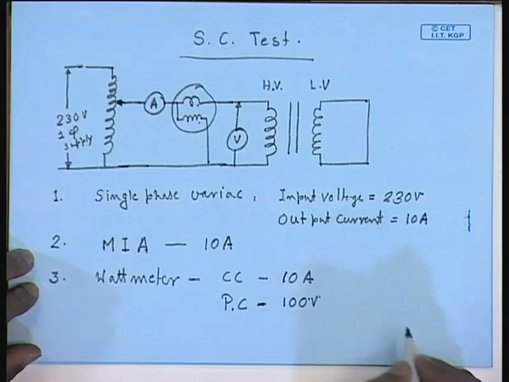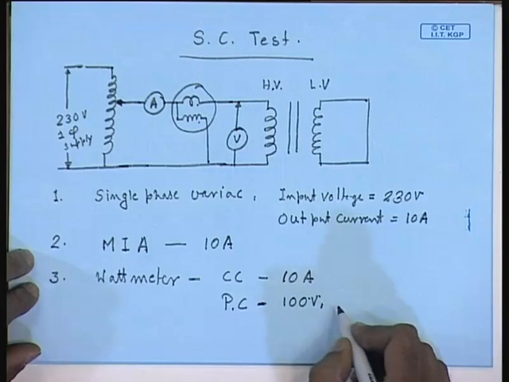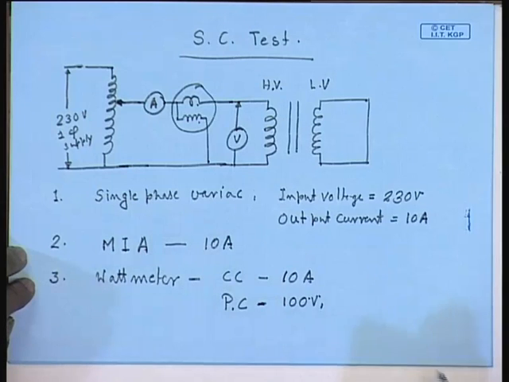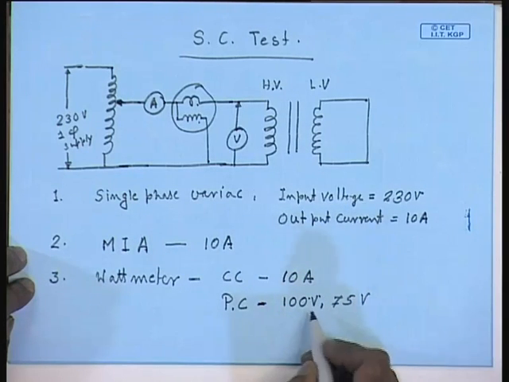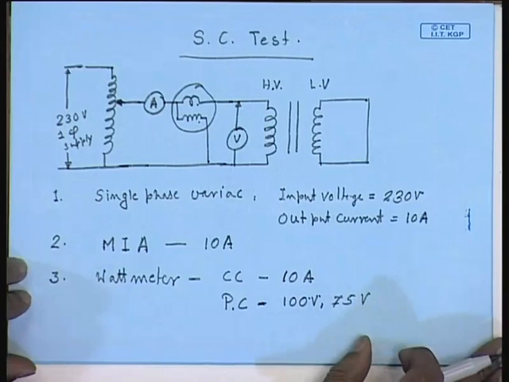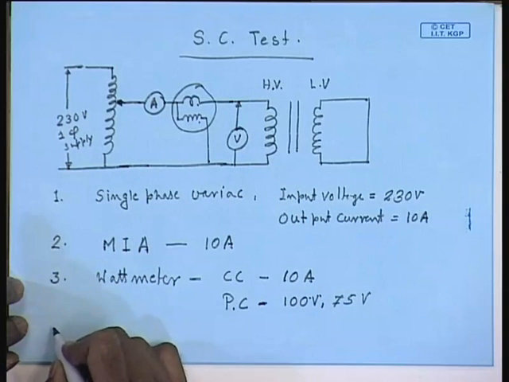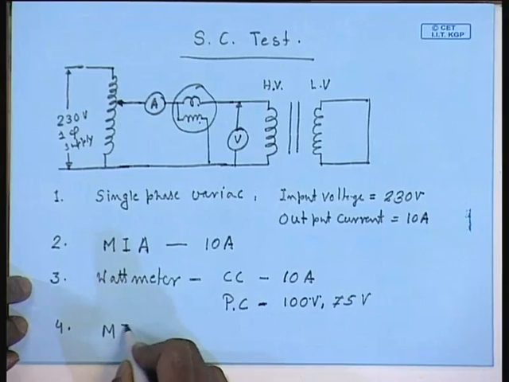It may be even lower, can be even 50 volts possibly, but it is difficult to get a wattmeter of that rating. So, let us choose 100 volt. A 75 volt is a normal rating that is usually available, so it may be even 75 volts. Then we need a voltmeter, a moving iron voltmeter.